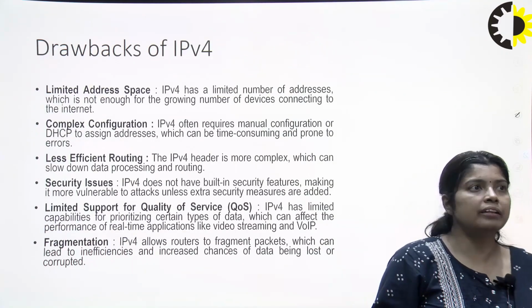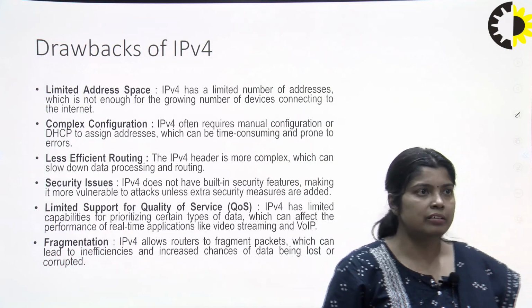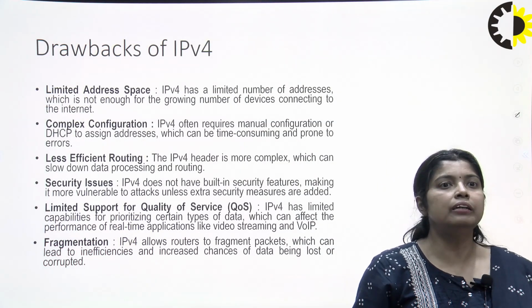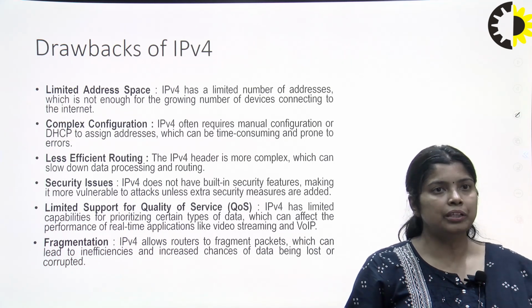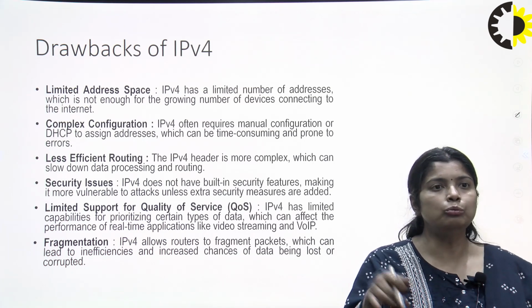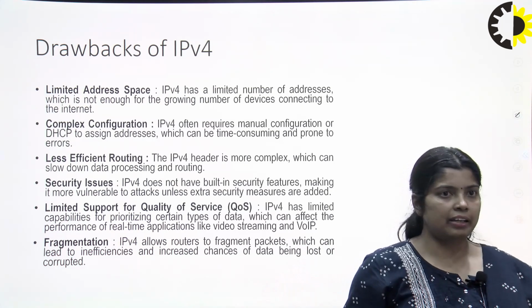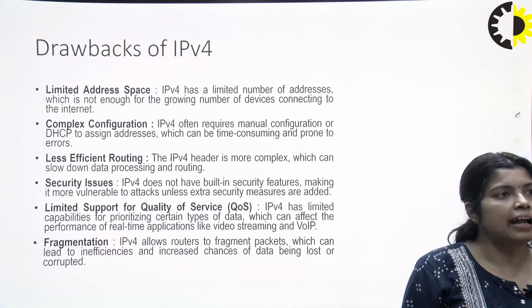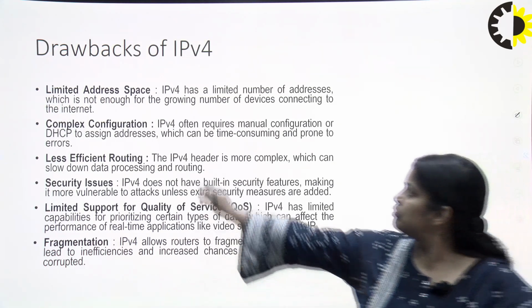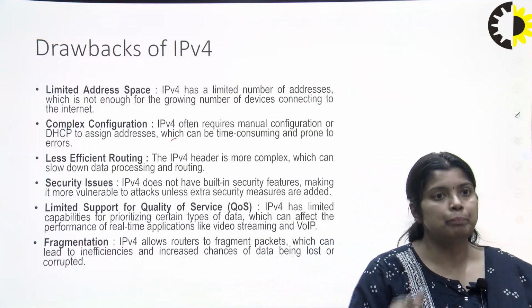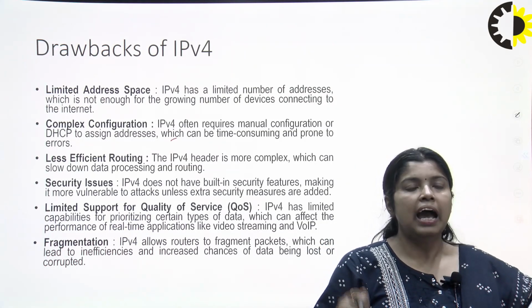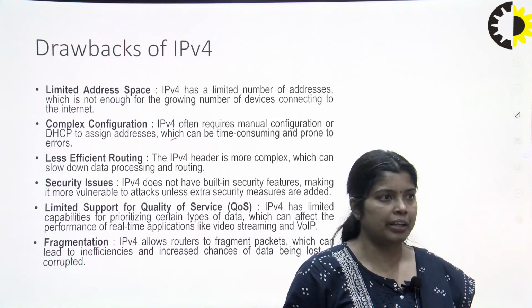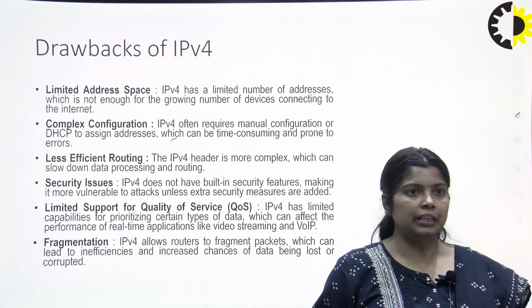Now, what are the drawbacks of IP? First is limited address space, because with IP version 4, only 2 to the 32 users can be accommodated. There is also complex configuration, because we use DHCP but also manual configuration, and routing is less efficient. Now, security issues.